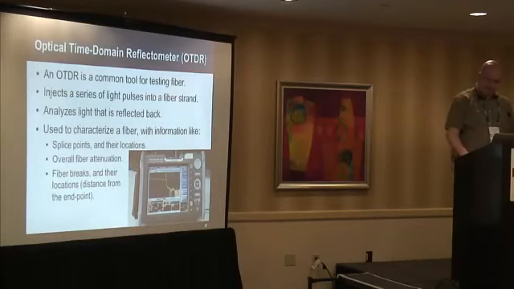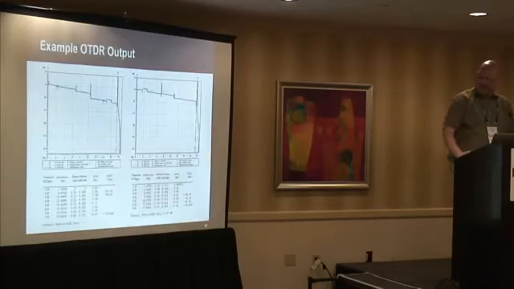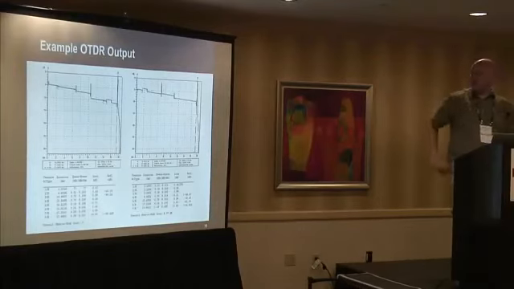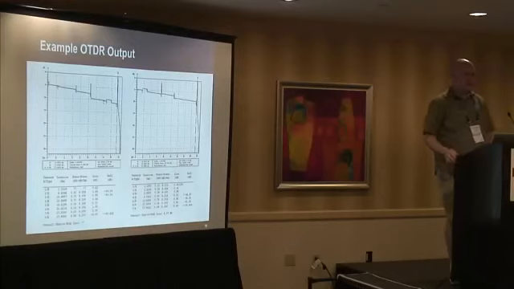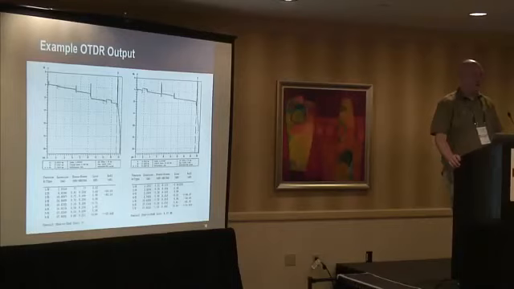So here's a little diagram showing what happens. You can see the splice points, you can see the rate of loss over distance. You'll typically see this used when you order a dark fiber, or when you're testing something and you want to know if the splices are good and the whole thing is engineered well.